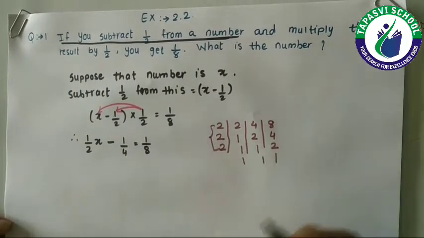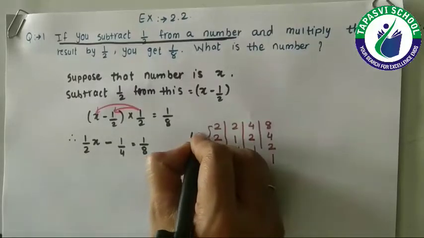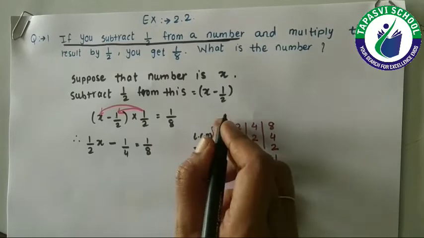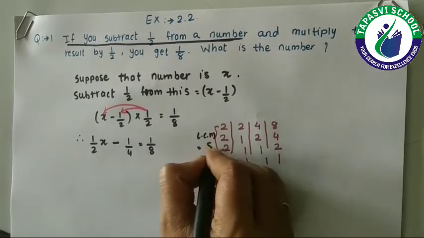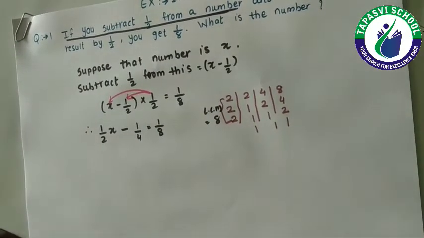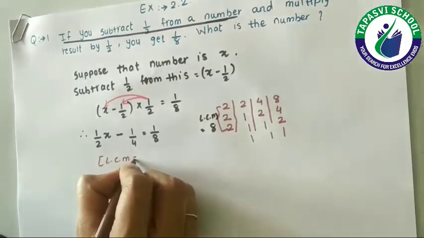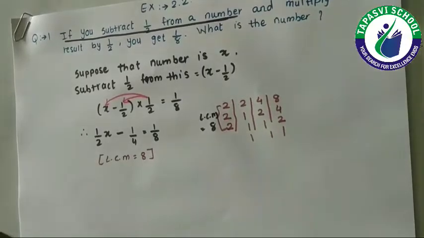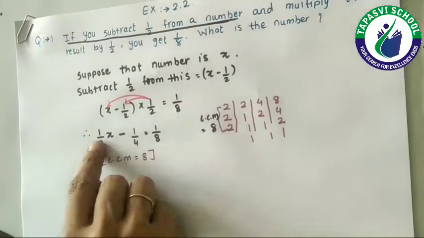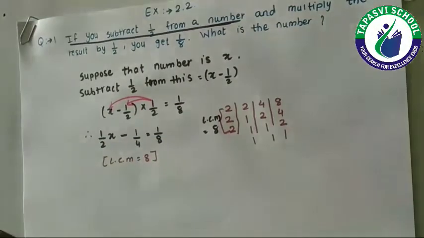So multiplication of these numbers will be our LCM. It means our LCM is equal to 2, 2s are 4, 2s are 8. So here our LCM will be 8.